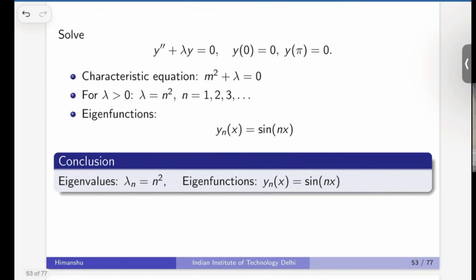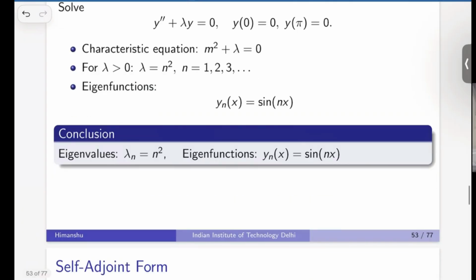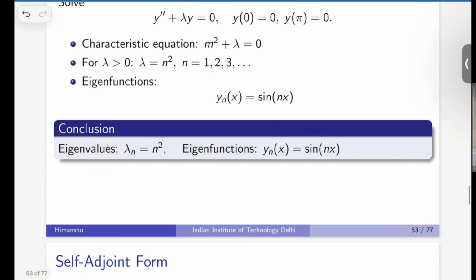One thing to observe here: we have countably infinite eigenvalues and countably infinite linearly independent eigenfunctions. One more thing to observe: our eigenfunctions sin nx in the domain (0, pi) have finitely many zeros. I have written this observation in upcoming slides as well.